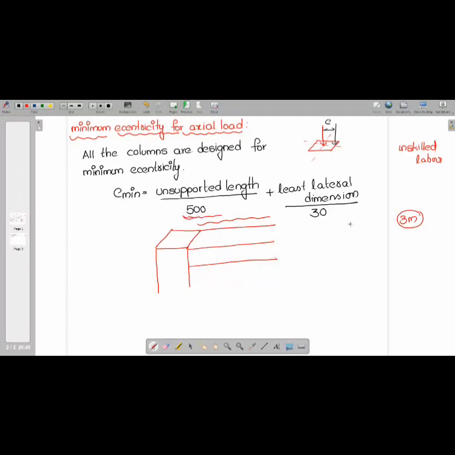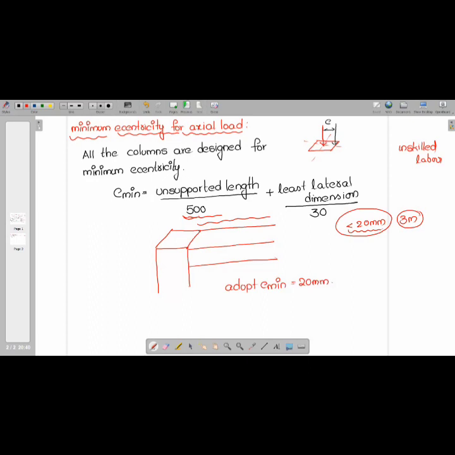Suppose whatever minimum eccentricity you have calculated is less than 20 mm, remember, my dear students, we have to adopt the minimum eccentricity as 20 mm.